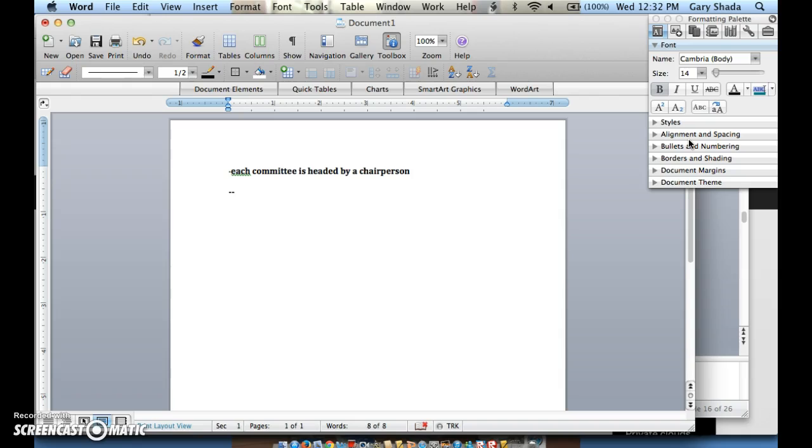Now, members of national committees can be chosen one of three ways. Okay, one way they can be chosen is they can be elected by a state convention.